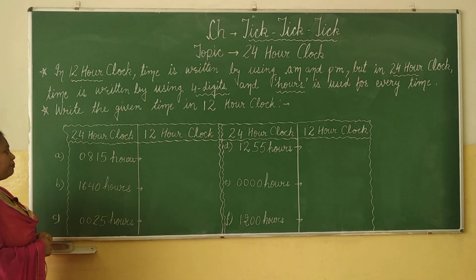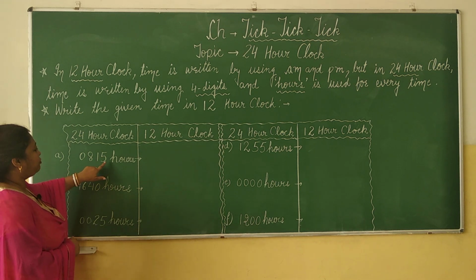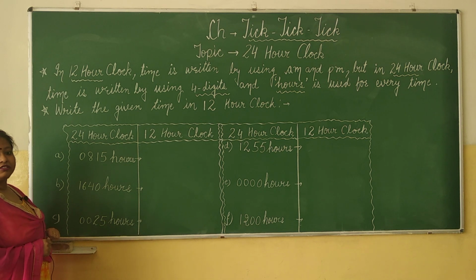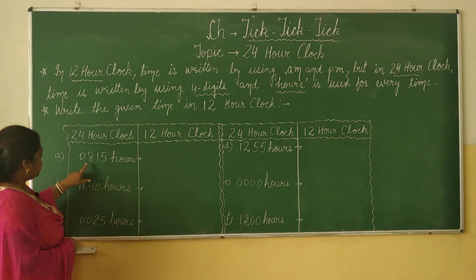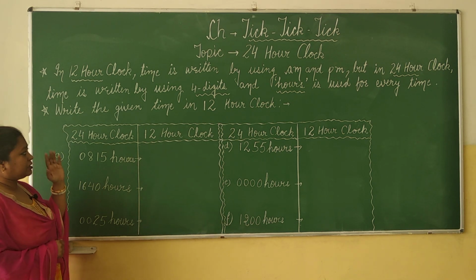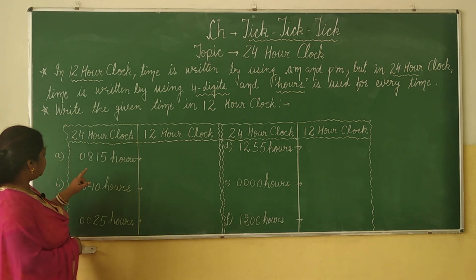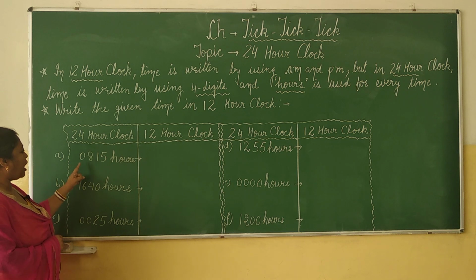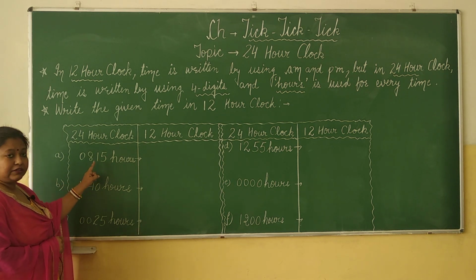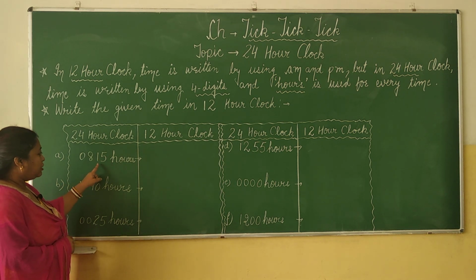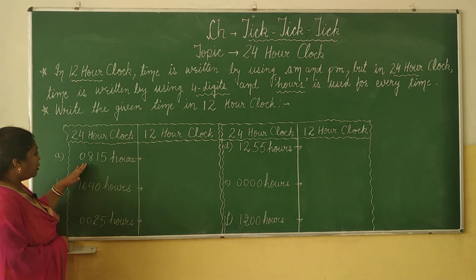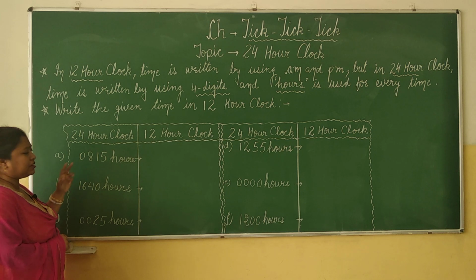Our first example is 0815 hours. Now, the first thing that you should understand here, in this 24-hour clock time, is that the first two digits show the hour, and the last two digits show the minutes. But here we have to only change the hour part.